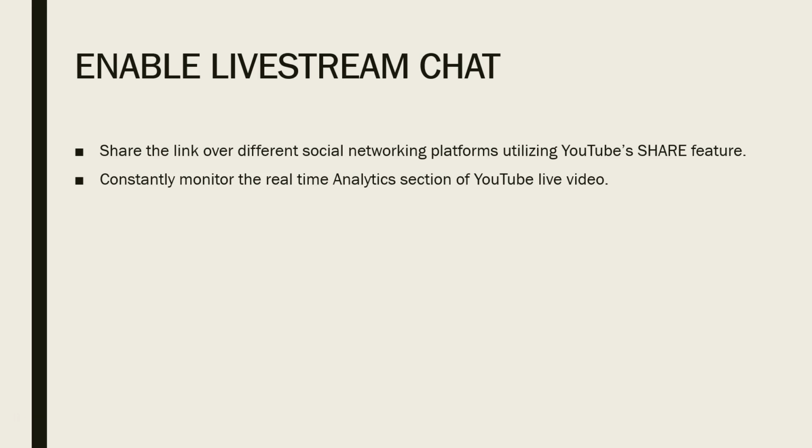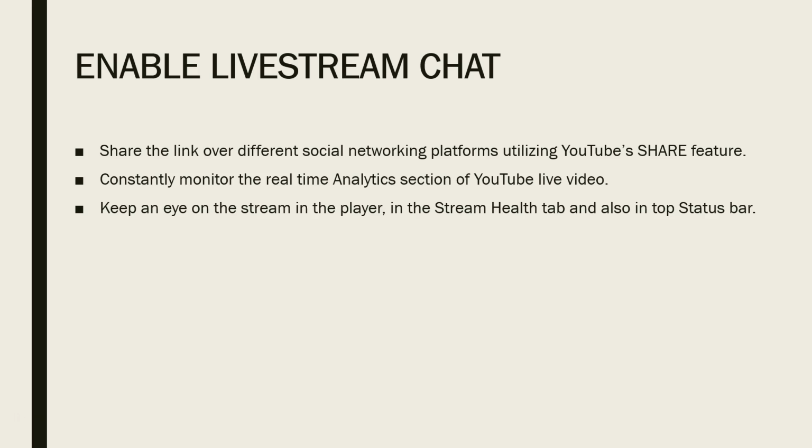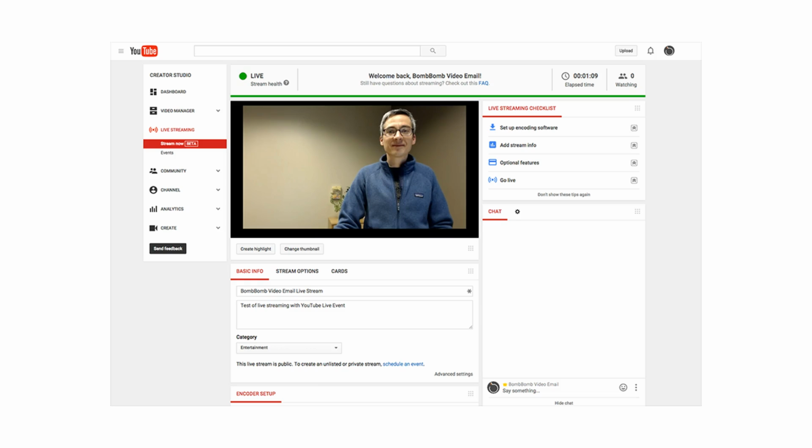You also want to monitor the real-time analytics section of your YouTube live video. When you're live, you'll be able to see the chat and watch your analytics. And when you're keeping an eye on the stream in the player, you can also see the Stream Health tab, which is also at the top of your status bar.